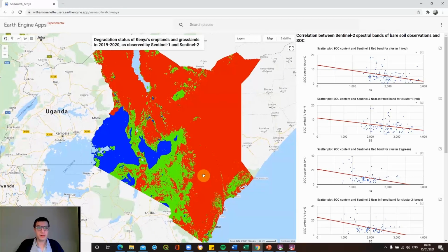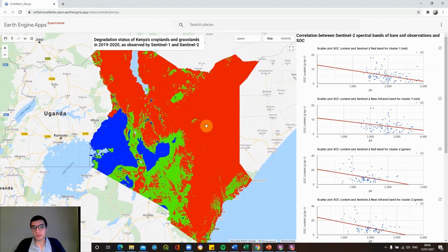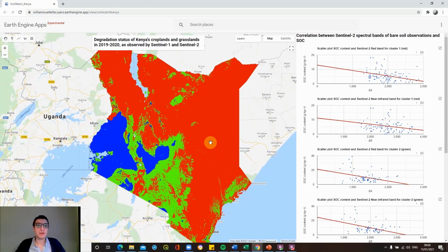These zones are basically the result of an unsupervised classification using meaningful environmental covariates. And we end up finding out that the country is essentially divided into three big zones from a soil organic carbon sequestration point of view.